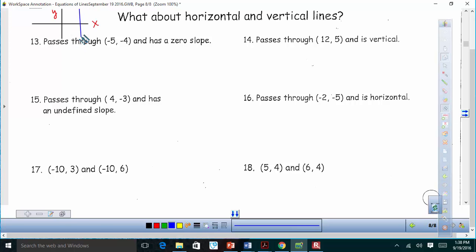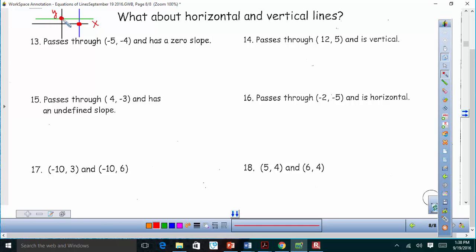Vertically. So if it touches the x-axis, it's going to be a vertical line. Now, if it touches the y-axis, what type of line is it going to be? A horizontal. Okay? So you're going to want to know this.